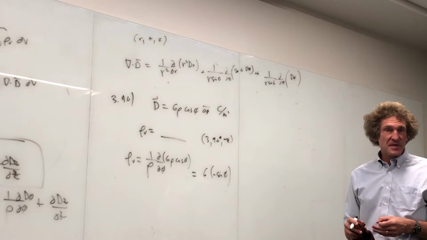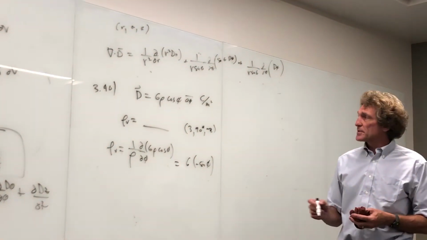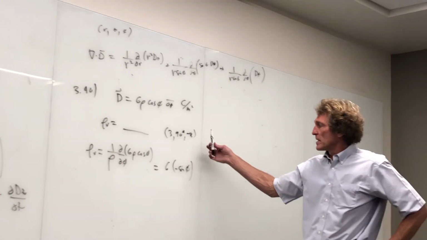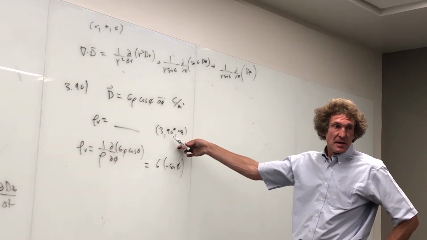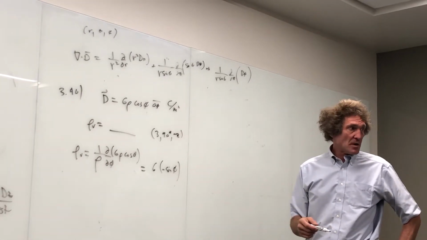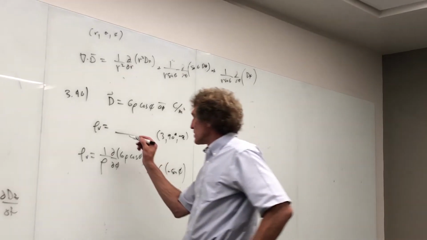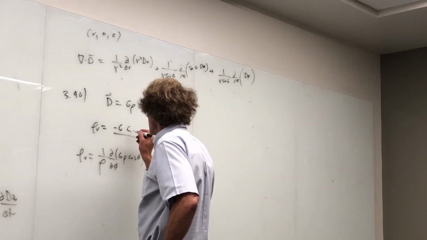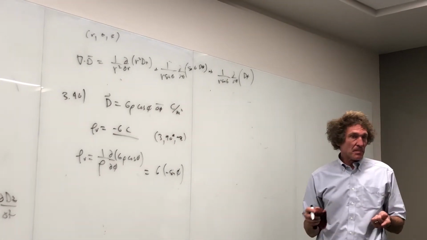The value of z and rho don't matter here. Follow me? So they asked to evaluate rho v at this point. The only thing you care about is the 90 degrees. Do you see that? And that means the value is minus 6, right? Sine of 90 is 1, so minus 6 coulombs per meter cubed would be the value of rho v there. Z doesn't matter and rho doesn't matter.